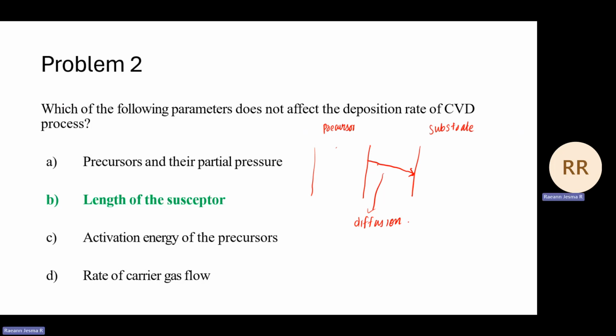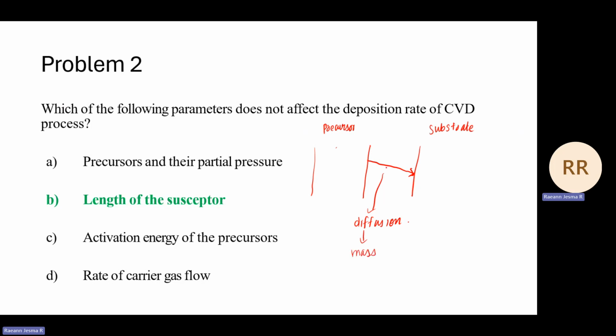This will depend on the concentration gradient between the two regions. Since the transport is happening by diffusion, you can call this mass transport limited.